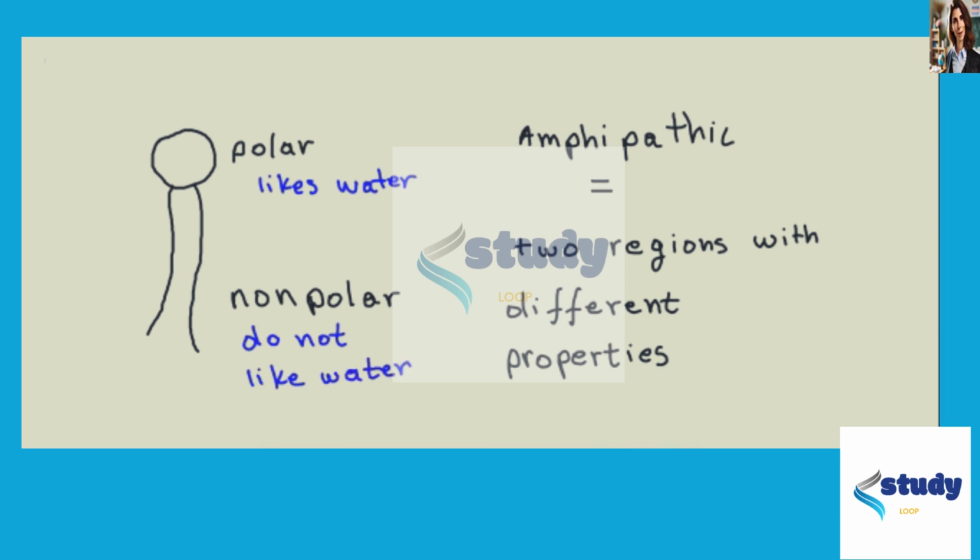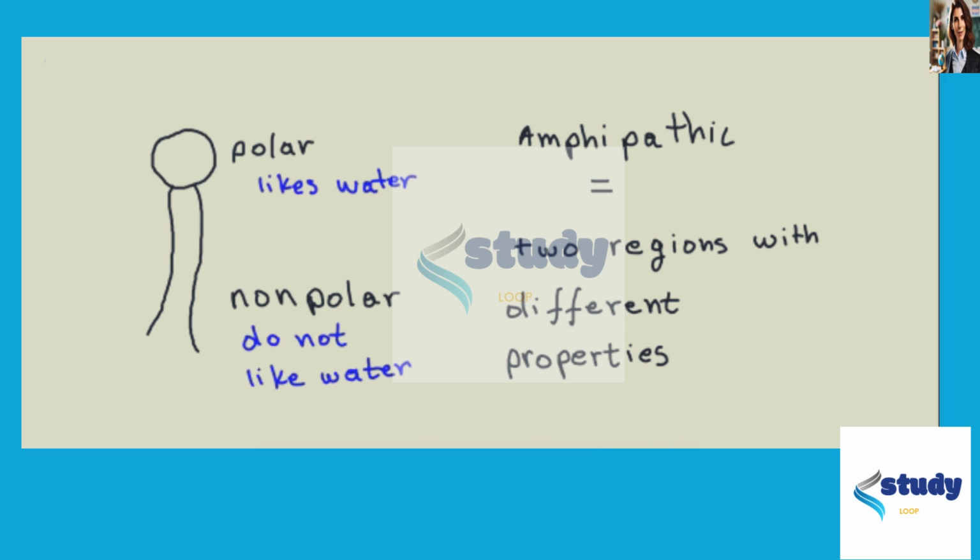A molecule that has a polar part that likes water and a non-polar part that does not like water is called an amphipathic molecule. So amphipathic means that it has two regions with different properties. Think of amphibian, right? Amphibians are animals that live both on land and in water. So that's the root there.